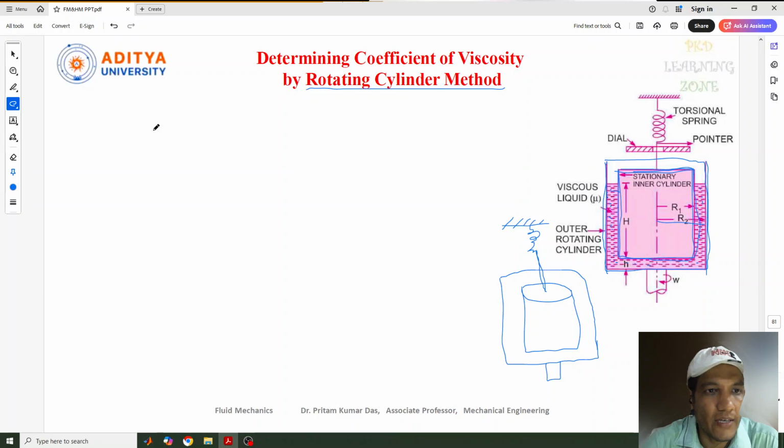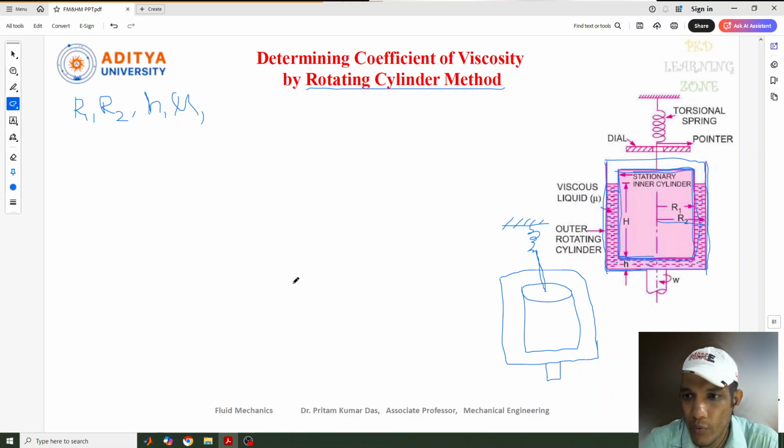So what terms can be considered here? One we can consider R1, and second R2. Next is the distance between the inner cylinder and the outer cylinder, this gap h. So that can also be considered. Next is the viscosity of the fluid which needs to be measured, that is mu.